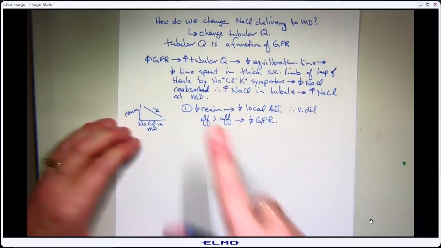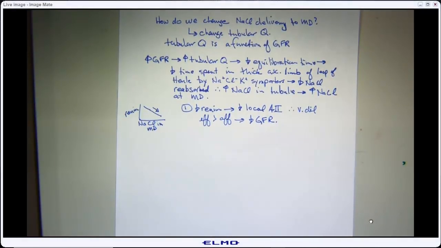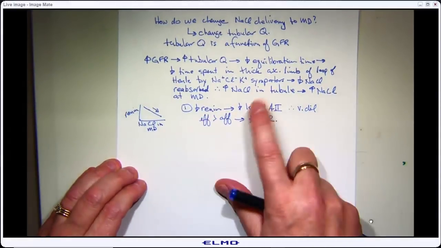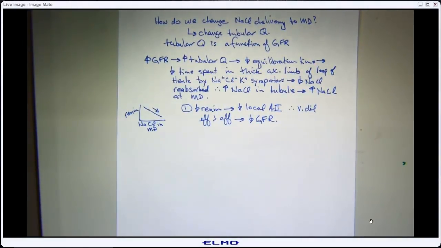So we can now say things like, especially because of this juxtaglomerular apparatus, I'm going to get a drop in renin, a drop in local angiotensin II that's found by the efferent arterioles. So now I'm going to vasodilate those efferent arterioles greater than the afferents, and I'm going to affect GFR.